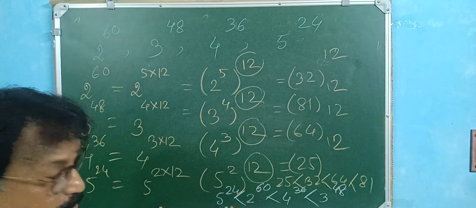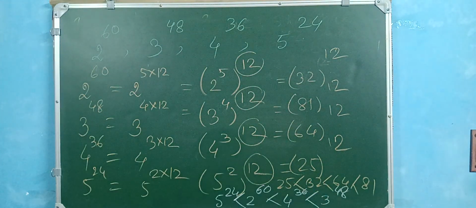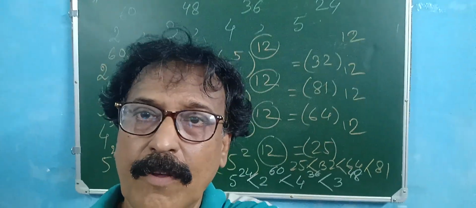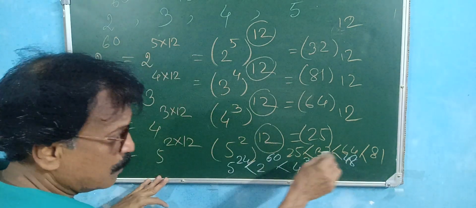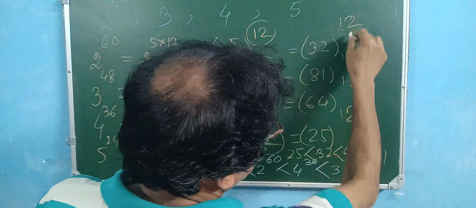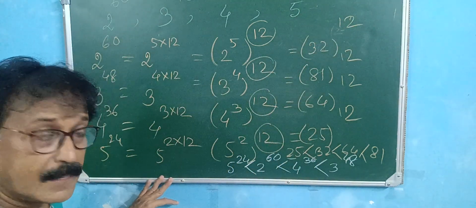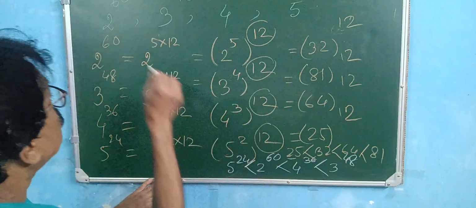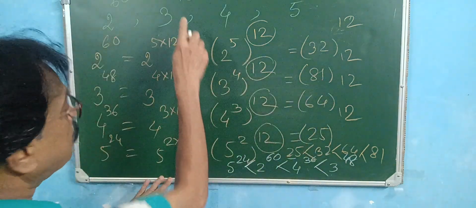Is clear. এইখান থেকে তুমি বুঝতে পারছো কে ছোট কে বড়। আমাকে কি বলেছে ছোট থেকে বড় সাজাতে, তাহলে সবচেয়ে ছোটটা আগে নিলাম, তারপর এটা, বিকজ এইগুলো সব সেম, ওকে। এবার এইটা এসেছে কোথা থেকে, 25 টা এসেছে ফোর্থ পজিশন, মানে 5 to the power 24, তাহলে 5 to the power 24 টা সবচেয়ে ছোট। তারপরে 32 is the first position, 2 to the power 60, then 64 is the third position, 4 to the power 36, and this 81 is the second position, 3 to the power 48.